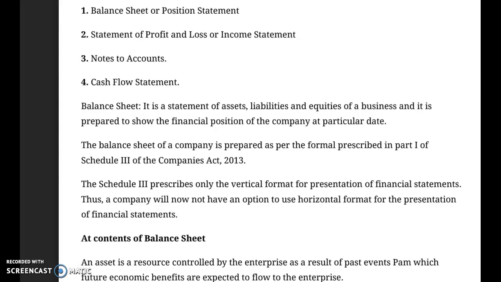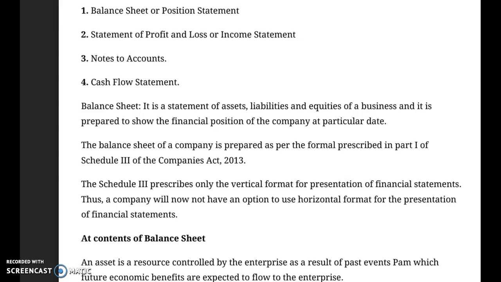Either you start with equity and liabilities followed by the assets, or vice versa, assets first followed by equity and liabilities. But they must be prepared as per the vertical format and not the horizontal format.